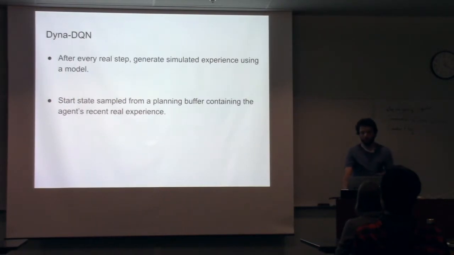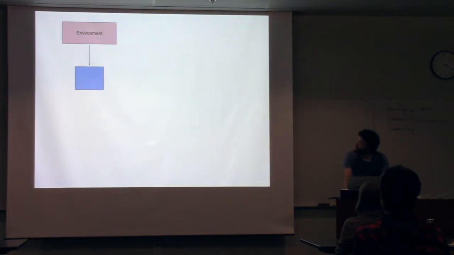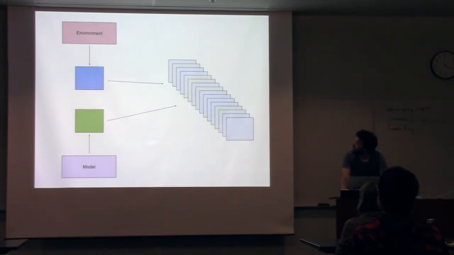So we're going to keep track of a buffer of the agent's recent real experience and draw sample start states from there to do planning. In addition to the real environment that's generating states, we have a model that's also generating simulated states. Then both real and simulated states get put into the experience replay buffer.